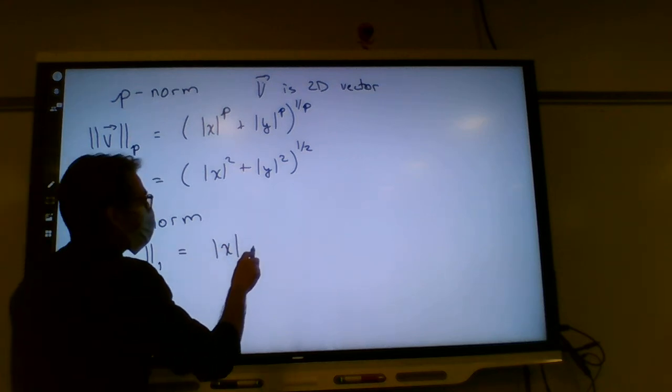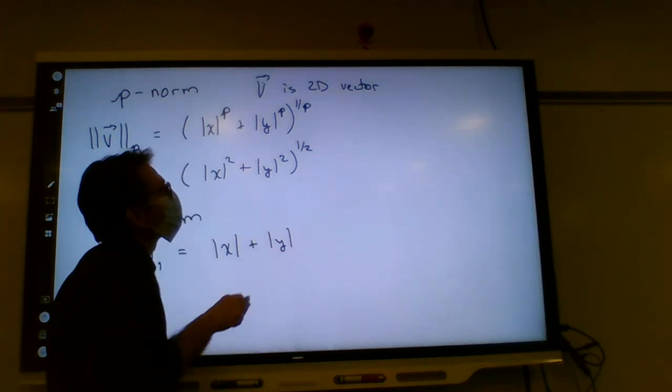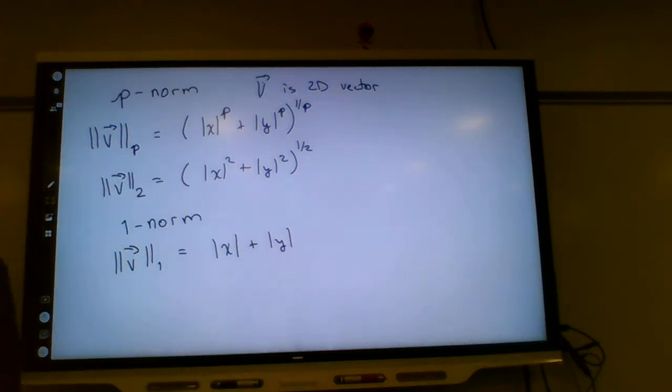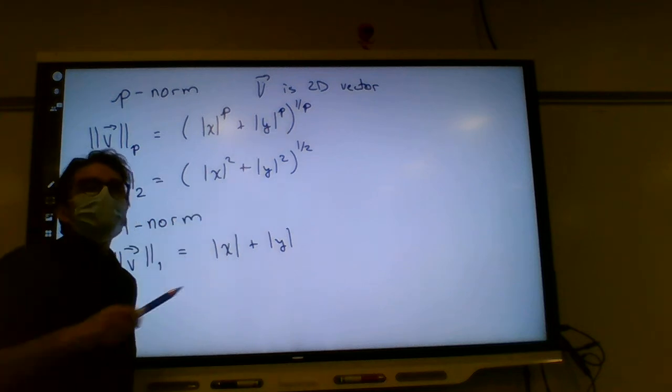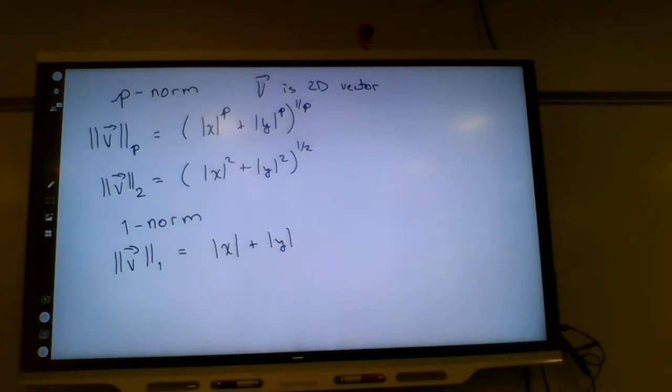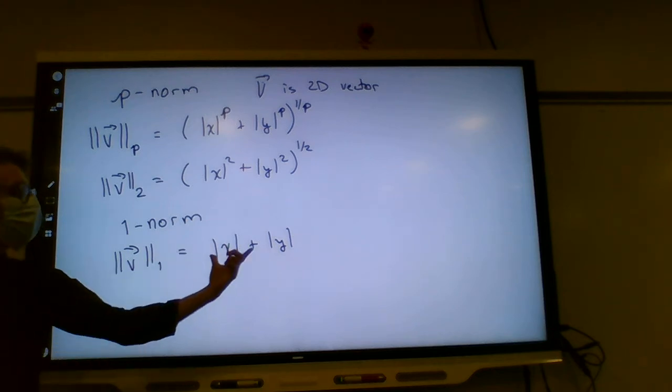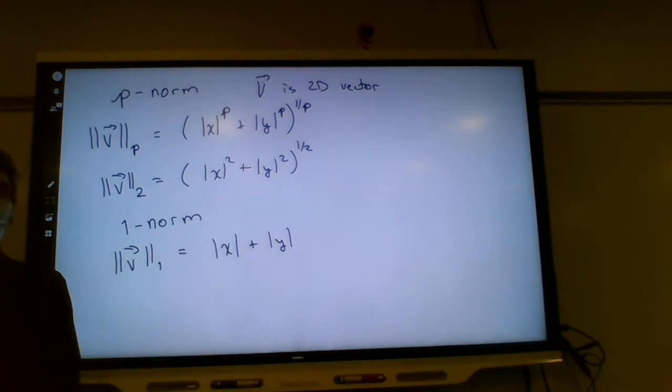No change. And then the absolute value of y. And then that answer is going to raise it to the 1 over 1 power, which is just the 1st power. So what do we have? The 1 norm looks like this. Absolute value of x plus the absolute value of y. And that's how we're measuring distance.